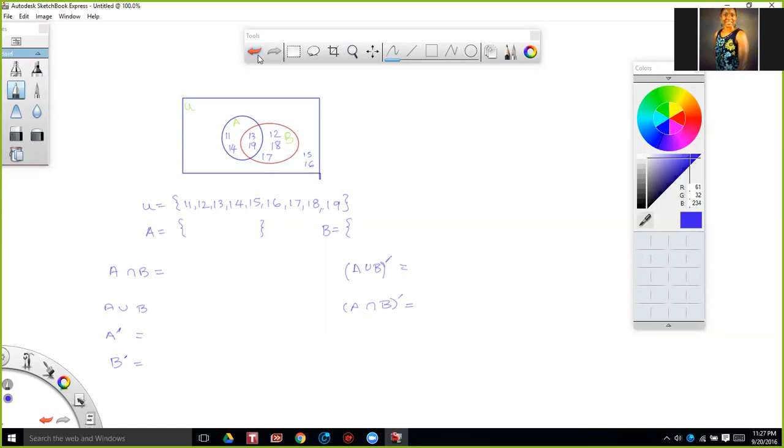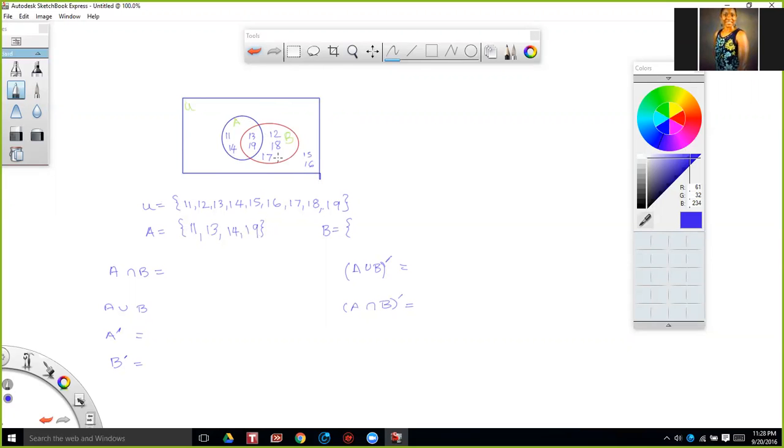So now let's just analyze. What are the elements in set A? Set A is the blue circle. That would be elements 11, 13, 14, and 19.